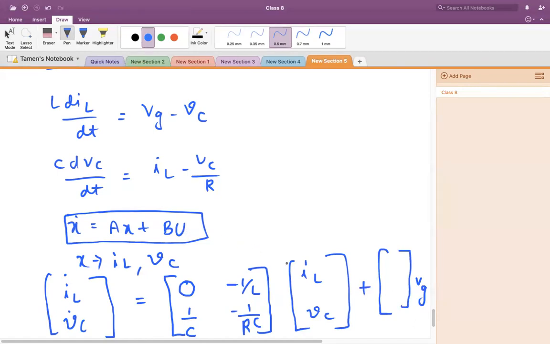So now, in terms of VG, dIL by dt is equal to 1 by L. And in terms of dVC by dt, there is no VG, so it will be 0.